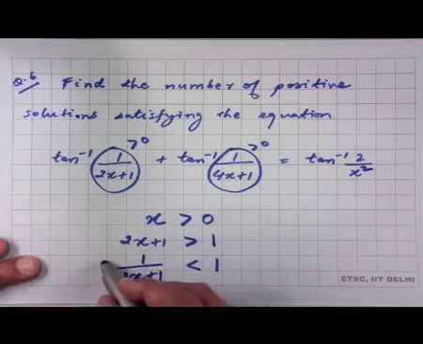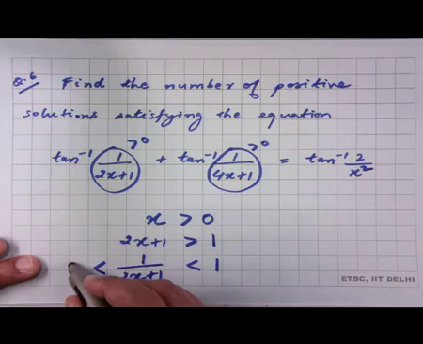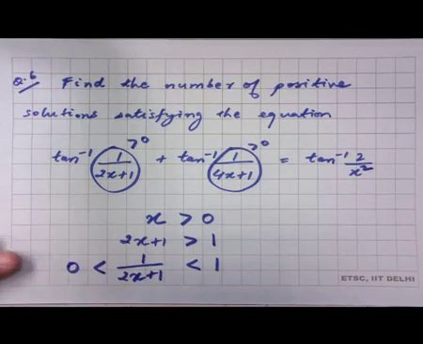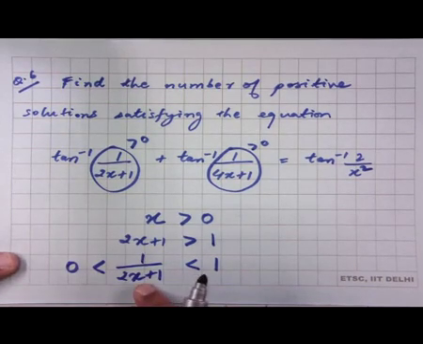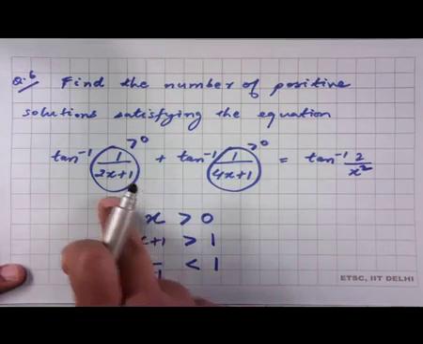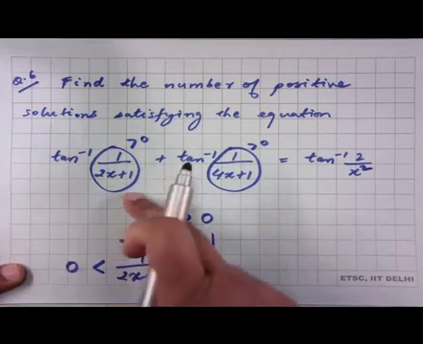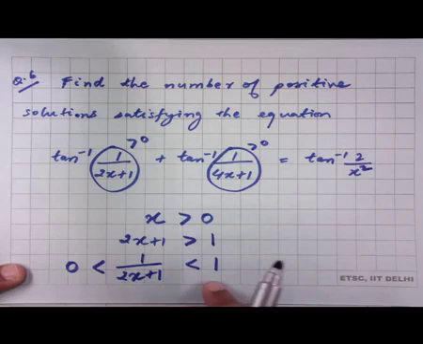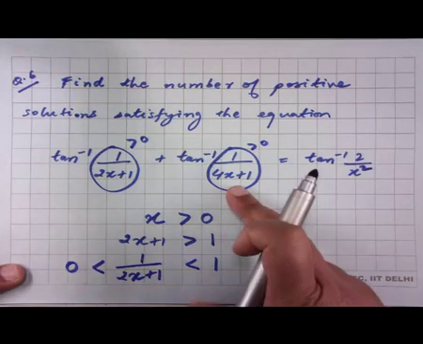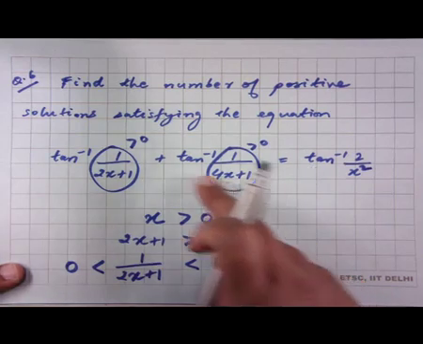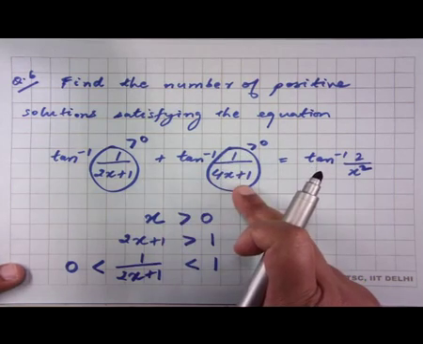So 1 by 2x plus 1, which is the argument of the first tan inverse here, is between 0 and 1, and a similar thing can be said about the second argument, which is 1 by 4x plus 1.